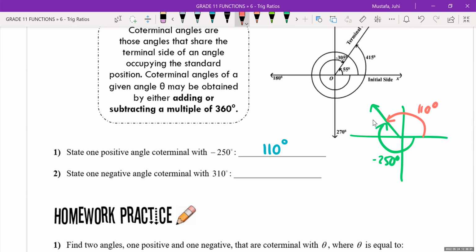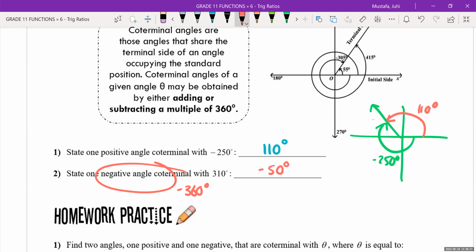The second question is state one negative angle coterminal with 310. So you put 310 into your calculator, and if it's saying negative angle that's coterminal, we're now going to be subtracting 360 degrees. You go minus 360 degrees, and it's going to give me negative 50 degrees.